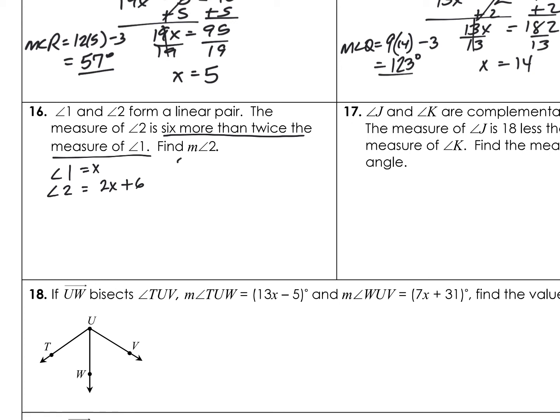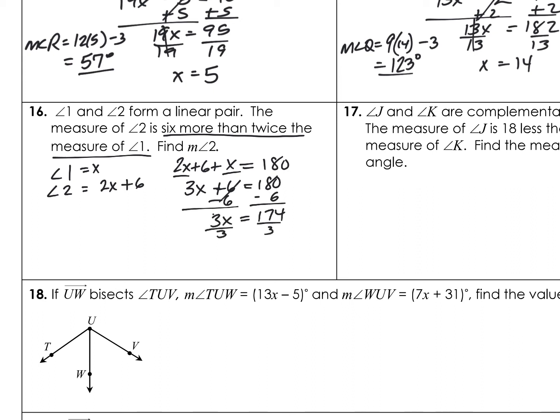So we can say 2x plus 6 plus x equals 180 degrees. Combine like terms, that's 3x plus 6 equals 180. Subtract 6. 3x equals 174, and divide by 3. 174 divided by 3 is 58.